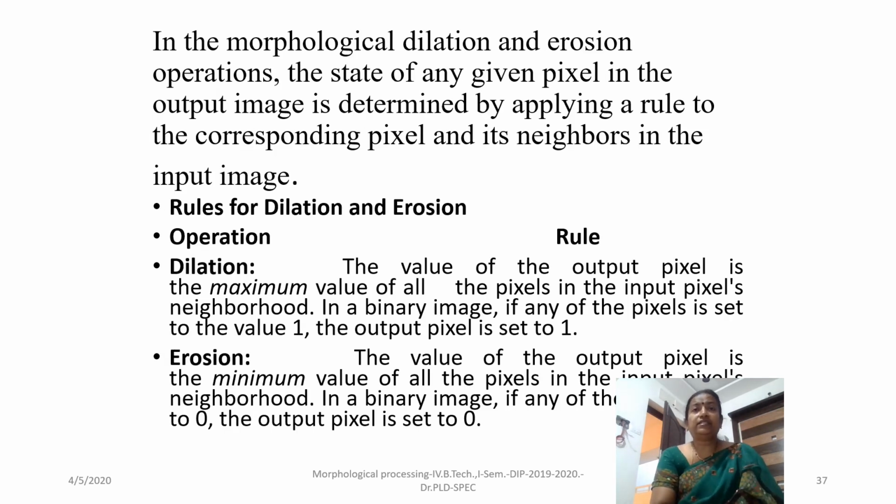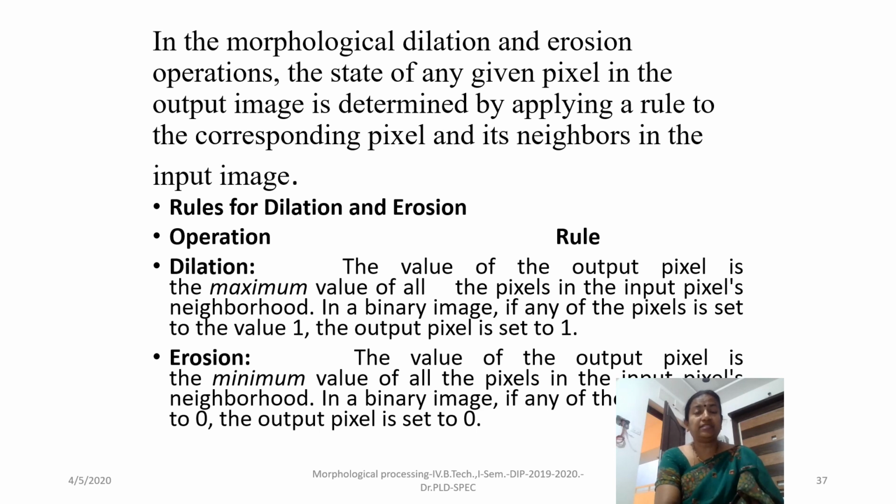In the morphological dilation and erosion operations, the state of any given pixel in the output image is determined by applying a rule to the corresponding pixel and its neighbors in the input image. What are the rules for dilation and erosion? Dilation: the value of the output pixel is the maximum value of all the pixels in the input pixel's neighborhood.